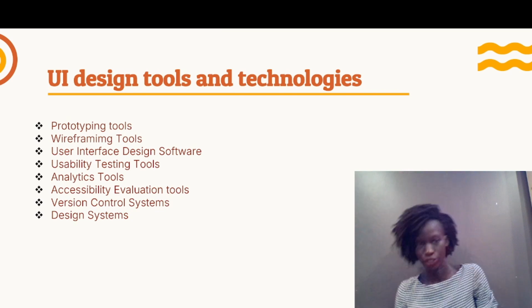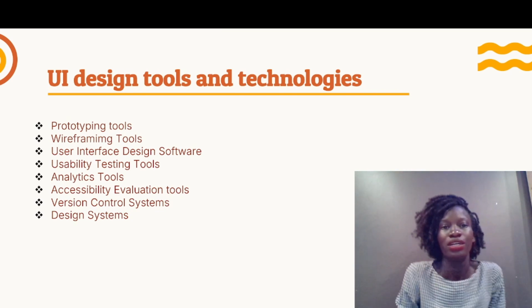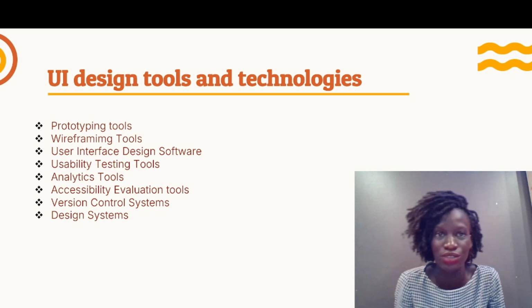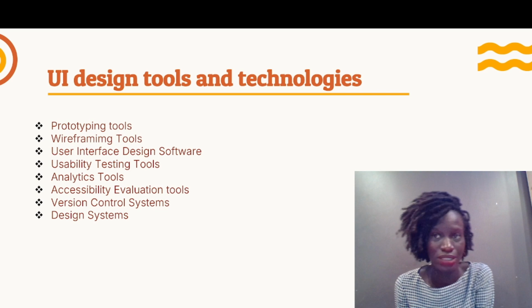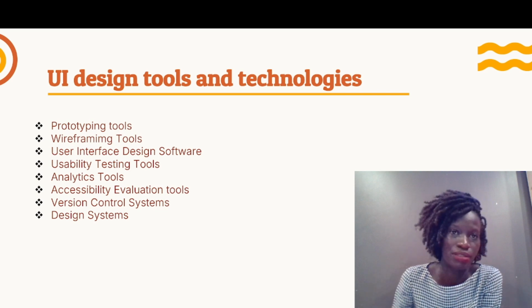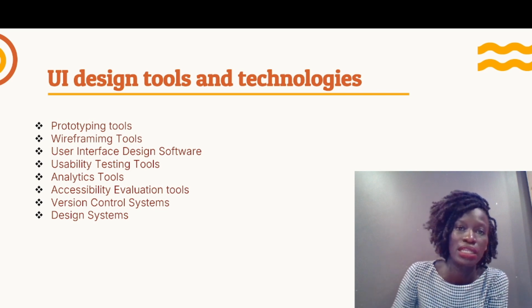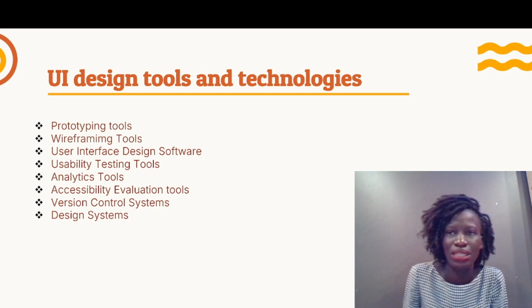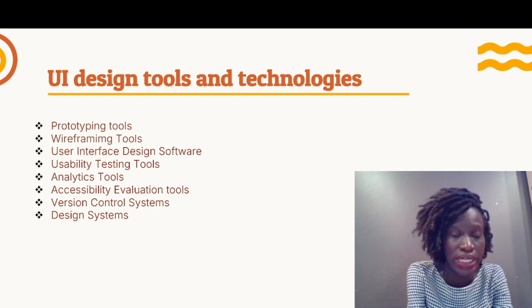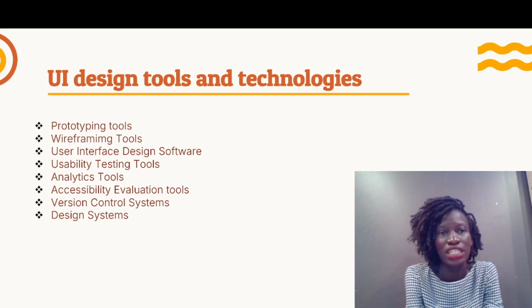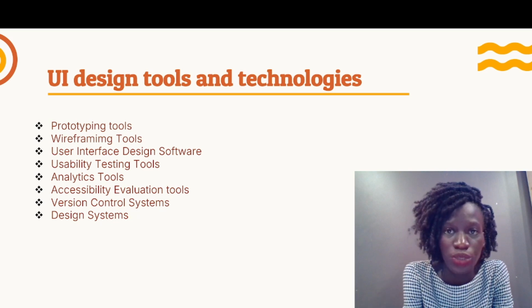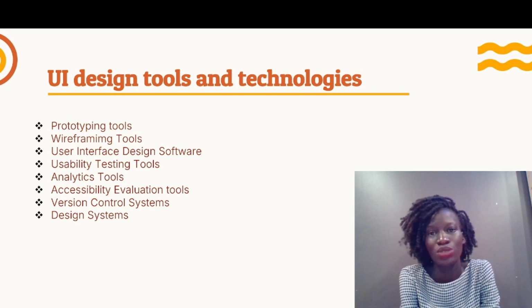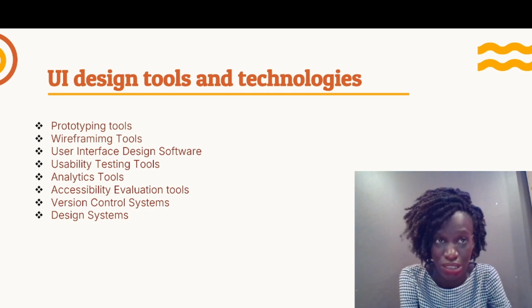We have prototyping tools. Prototyping tools are used to create early versions of a UI to test and refine ideas before full deployment. Examples include Figma and Sketch, maybe. Then wireframing, used to help create simple, low fidelity presentations of a UI. We have user interface design software, comprehensive tools for designing detailed and interactive user interfaces with extensive design features.